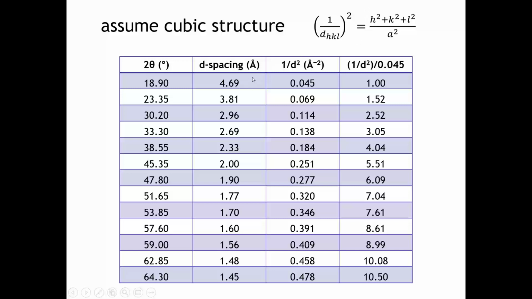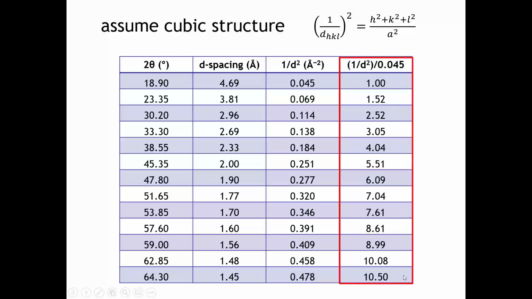So we're saying that the a lattice parameter, the cubic unit cell constant, would be 4.69 angstroms. Then we divide all of these quantities by 0.045. That would be the 1 over a squared value. That's our common factor, and if it is a cubic crystal, then these should all come up as integers.